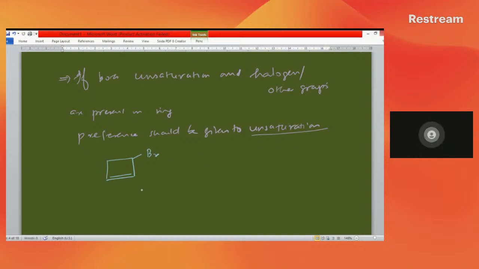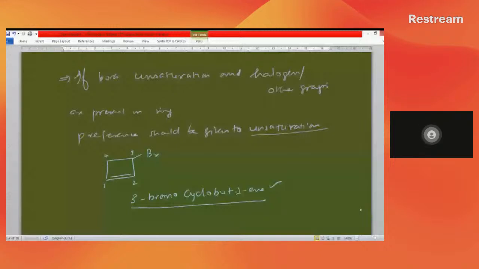You just count from this side: 1, 2, 3, 4. So you can call it cyclo, first is having the unsaturation, cyclobut-1-ene. And the presence of bromo at third position. So we can call it 3-bromocyclobut-1-ene.